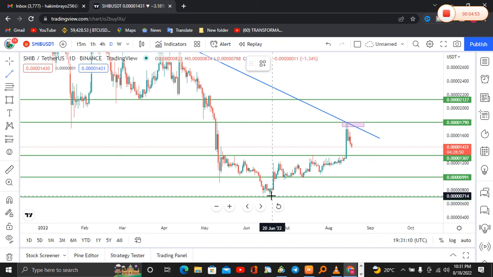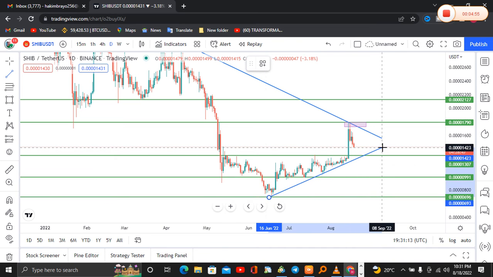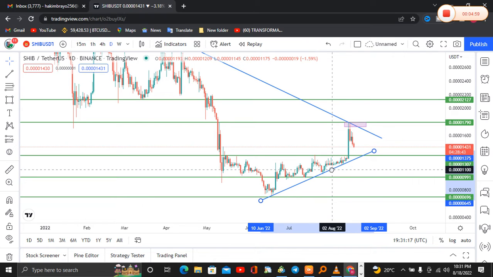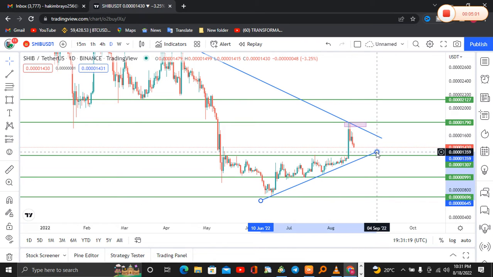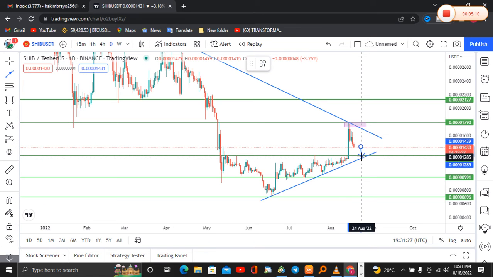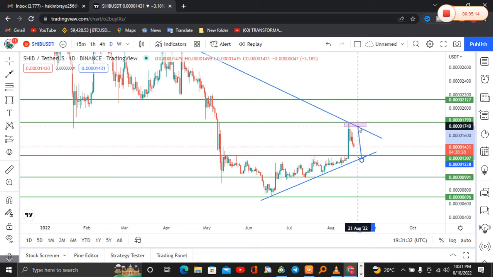If you try bringing our support trend line, you can clearly see that before you buy Shiba Inu, wait for the price to drop all the way down till it reaches this particular level.